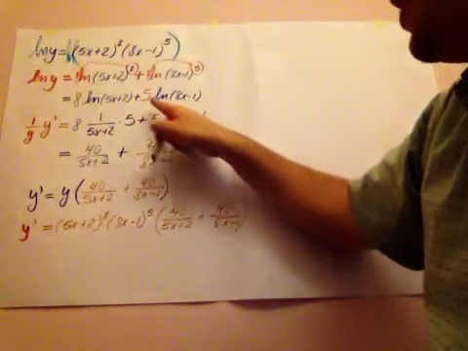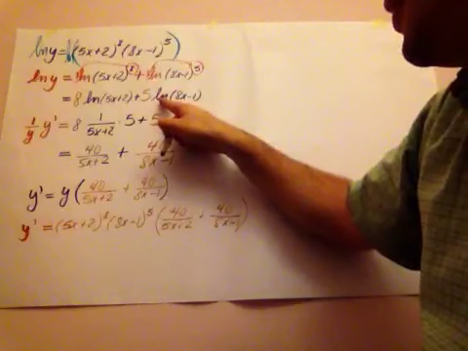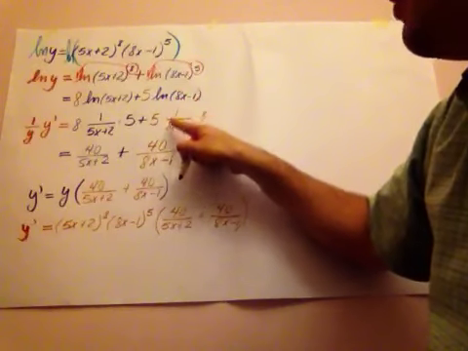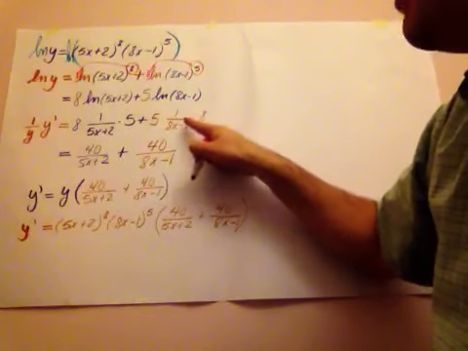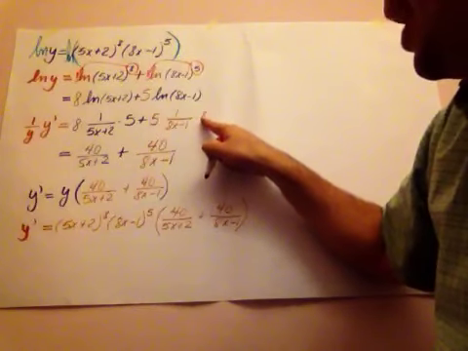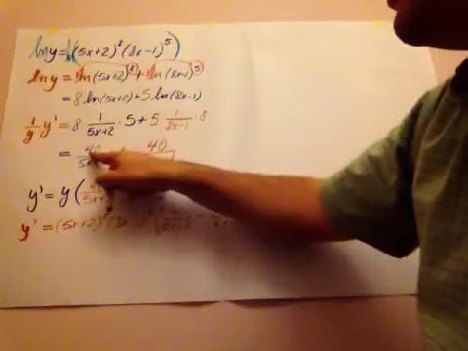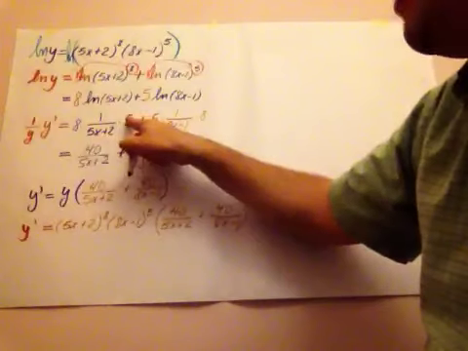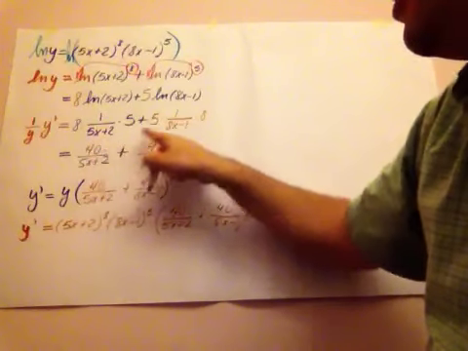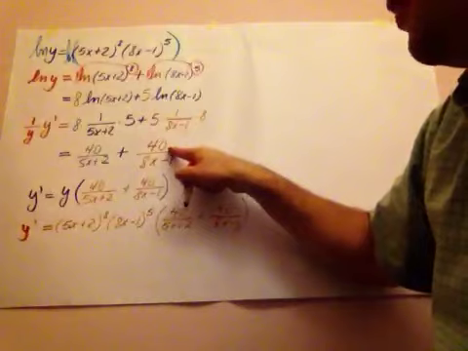Same thing happens here. We have 5. The derivative of ln of 8x minus 1 is 1 over 8x minus 1 times the derivative of 8x minus 1, which is 8. Simplifying here, it's 8 times 5 times 1 is 40. 5 times 1 times 8 is 40.